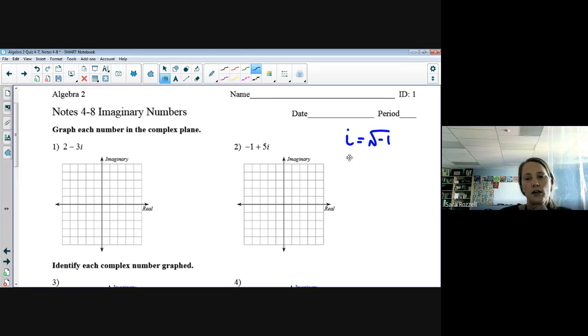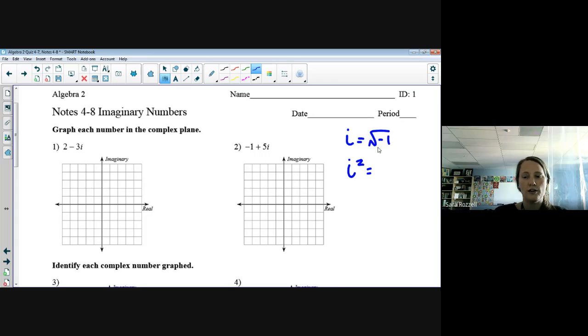Another thing that we need to know is what I squared is. I to the second power. Remember before, if you square a square root, those are inverse operations, so they'd cancel each other out. You all remember that when we were taking the square root of both sides? A square and a square root cancel each other out.